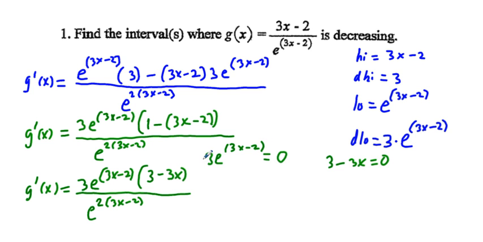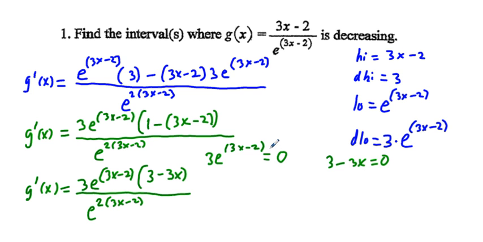Well, on the left, 3e to the power of 3x minus 2, there's no value of x that can ever make the left side of the equation equal to 0.